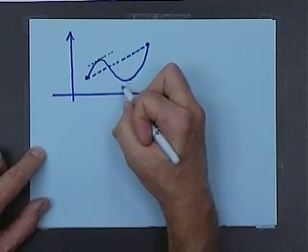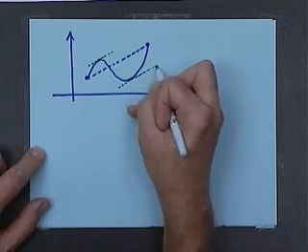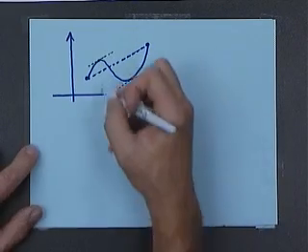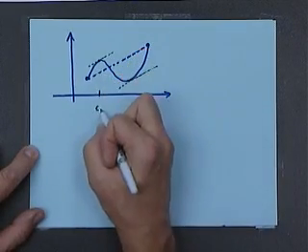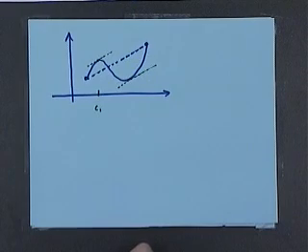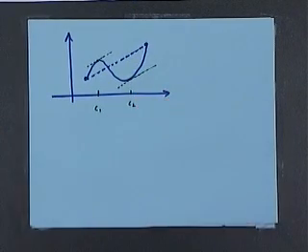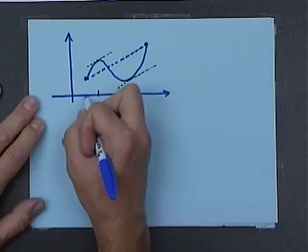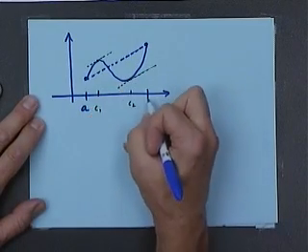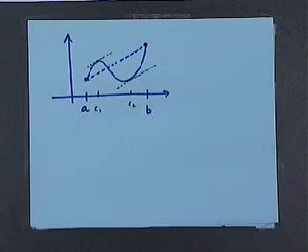Somewhere in here, the slope of the tangent is the same as the slope of this dotted blue line. Somewhere, I don't know, right here, the slope of the tangent. So this would be a C1. That's one of our C values. This would be a C2. So the theorem guarantees one, and in this case, more than one. So at least one. So here's our A value, and here's our B. And there could be more than two.